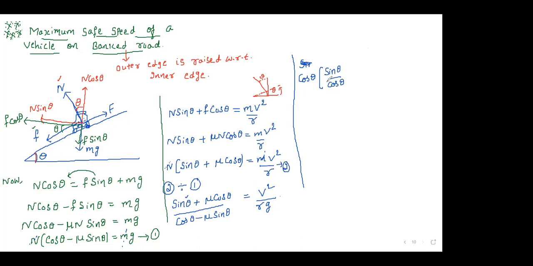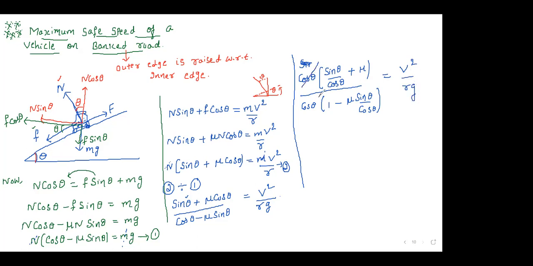So if I take out cos theta as the common term, it will become sin theta by cos theta plus mu. Similarly, in the denominator also you take out cos theta common, then it will be 1 minus mu. Cos theta is not there in the denominator, so you take it as cos theta, which is equal to v squared by rg.